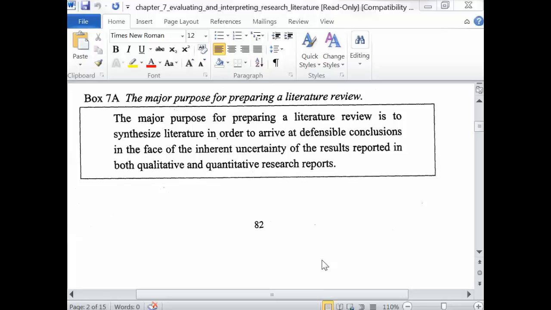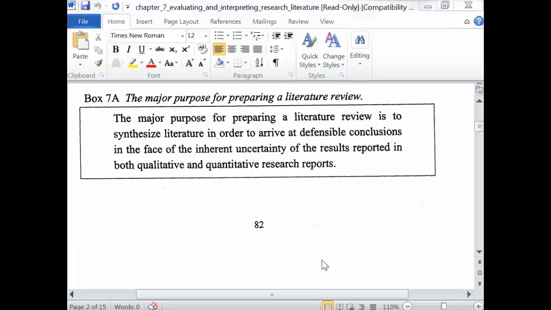So, what we've found looking at a number of initial draft literature reviews is a couple of consistent themes. And one is the need to look at the literature review as a synthesis of literature.